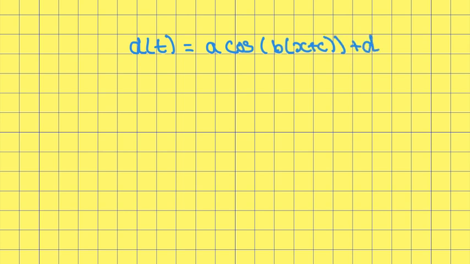If we now substitute in, we get d with respect to t is equal to minus 3.2 cos. B is pi over 8. C is 0, so it's pi over 8x plus 6.2.